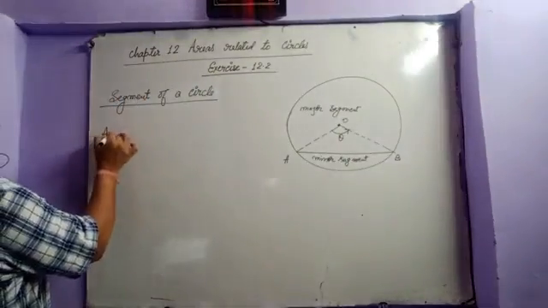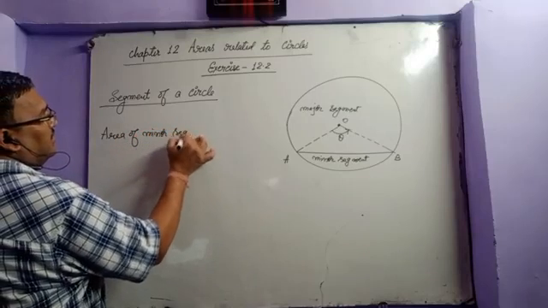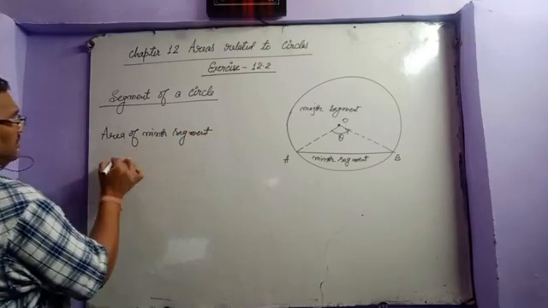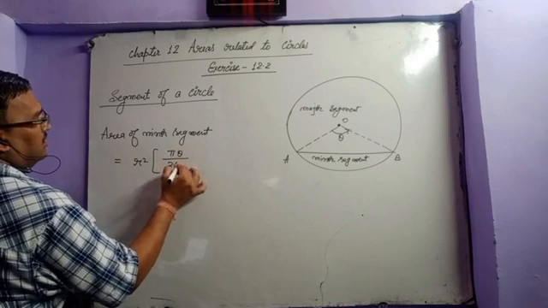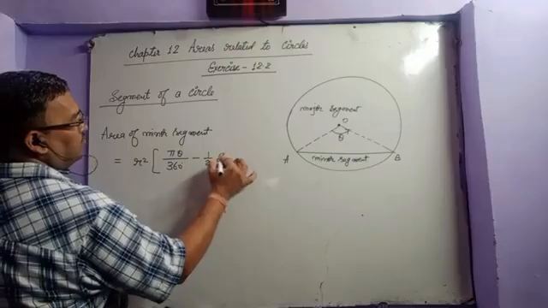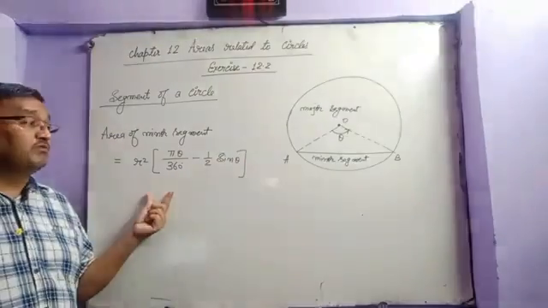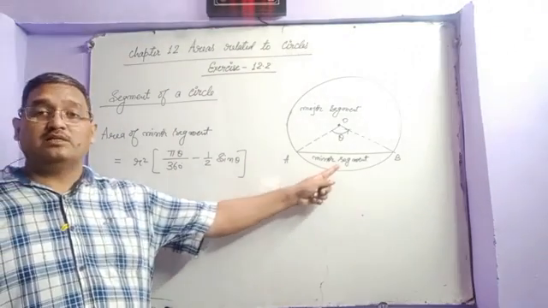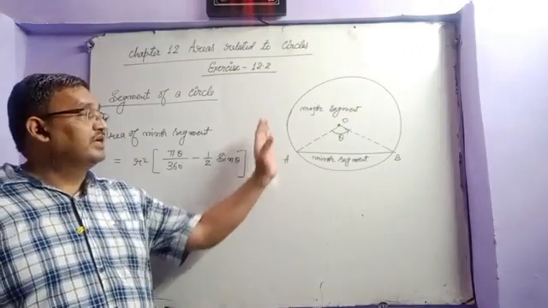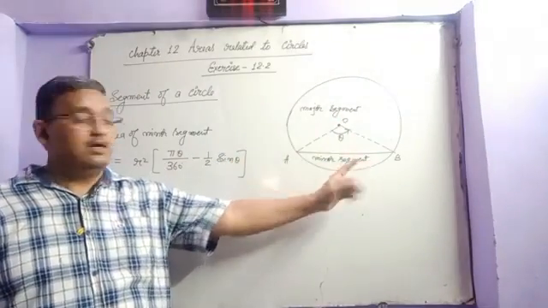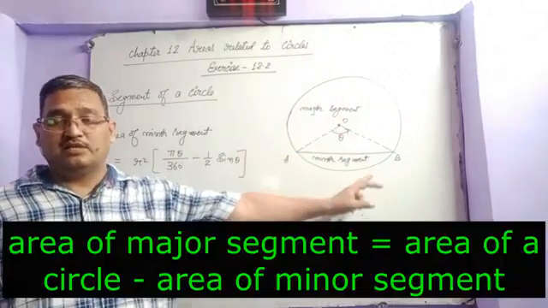Then the area of the minor segment is equal to r square times theta by 360 minus 1 by 2 sin theta. With the help of this formula, we can calculate the area of the minor segment. If we want the area of the major segment, we can calculate the area of the circle and subtract the area of the minor segment. We will get the area of the major segment.